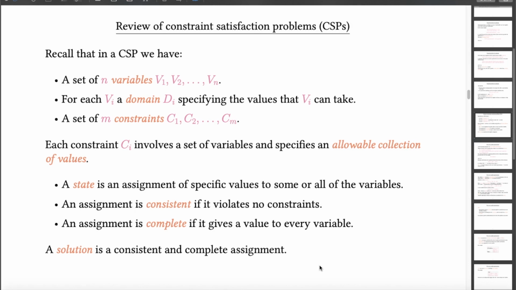And then a state is an assignment of values to some or all of the variables, and an assignment is consistent if it doesn't violate any constraints and complete if it assigns something to every variable. And we're looking for a consistent and complete assignment as a solution to the problem.